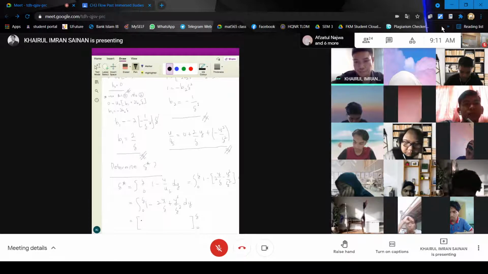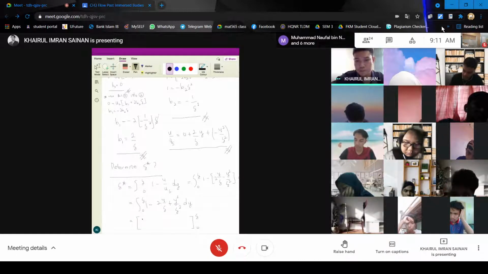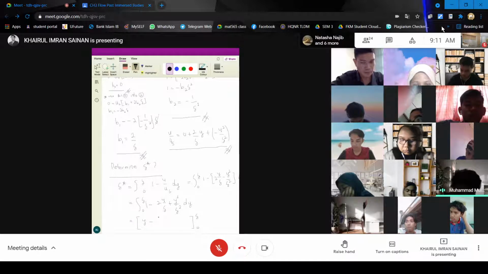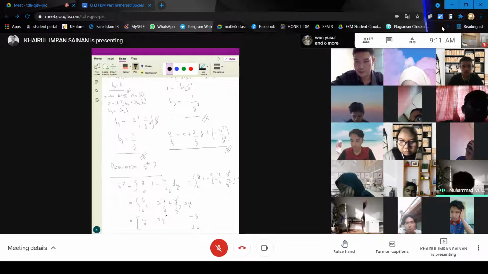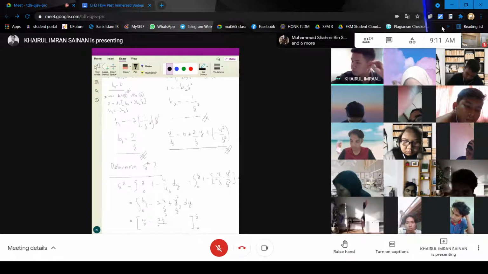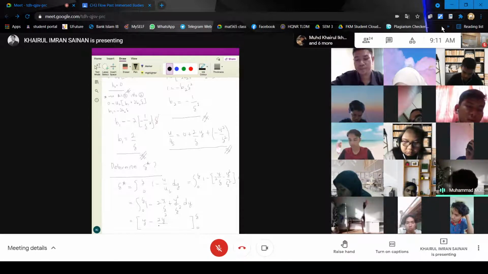Integrate 1 becomes y, so this one is y minus 2y squared over 2 delta, since y cancels, with 2 delta at the bottom, right?